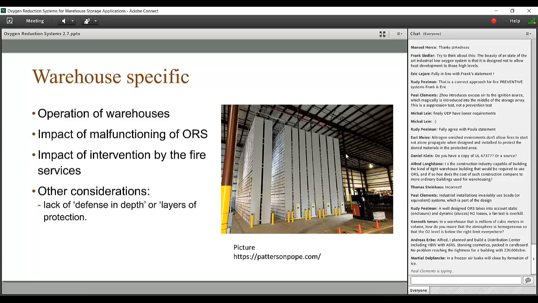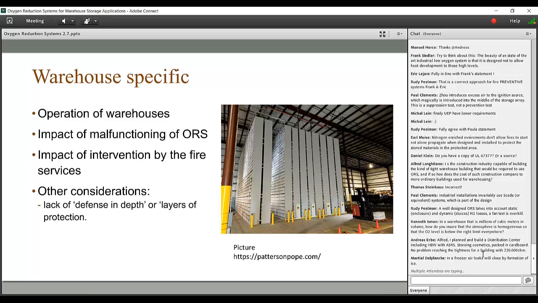And looking at all these concentrations and maintaining integrity is good, but then not forgetting about what happens if a fire does occur and the fire service arrives, opens up all the doors to the facilities, introduces oxygen into the environment, changes the dynamics. So operationally, there are issues. Firefighting response, there are issues that need to be concerned. The actual construction and volume of the space is something that needs to be considered.